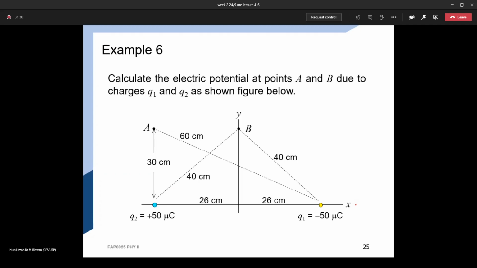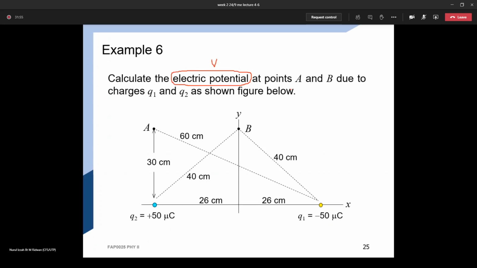What you need to do is find the V at point A and the V at point B. Why do you need to find V? Because the question says calculate the electric potential. So if it is only electric potential, it means you are calculating for V.